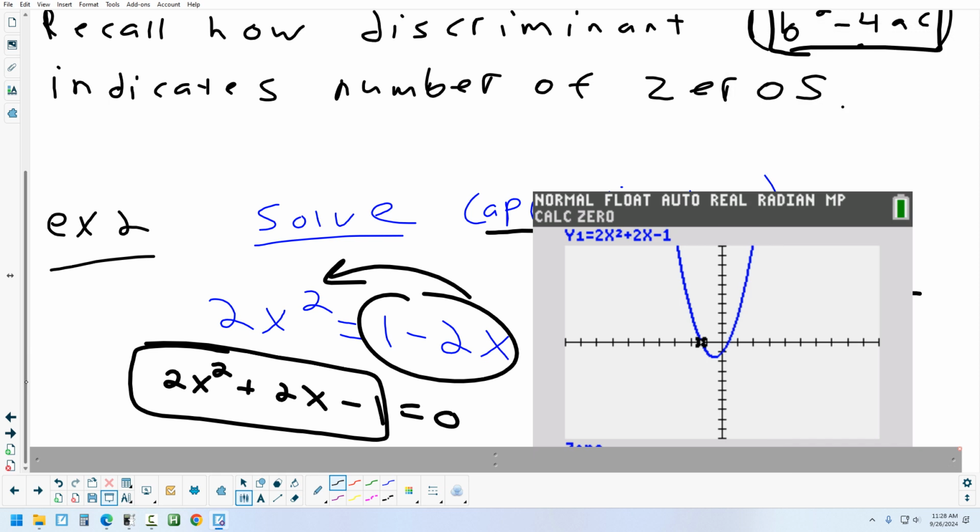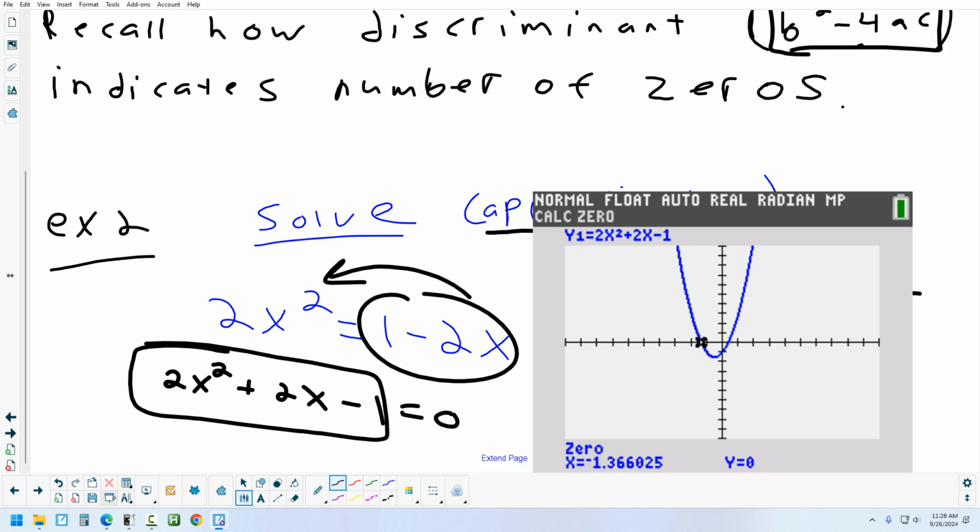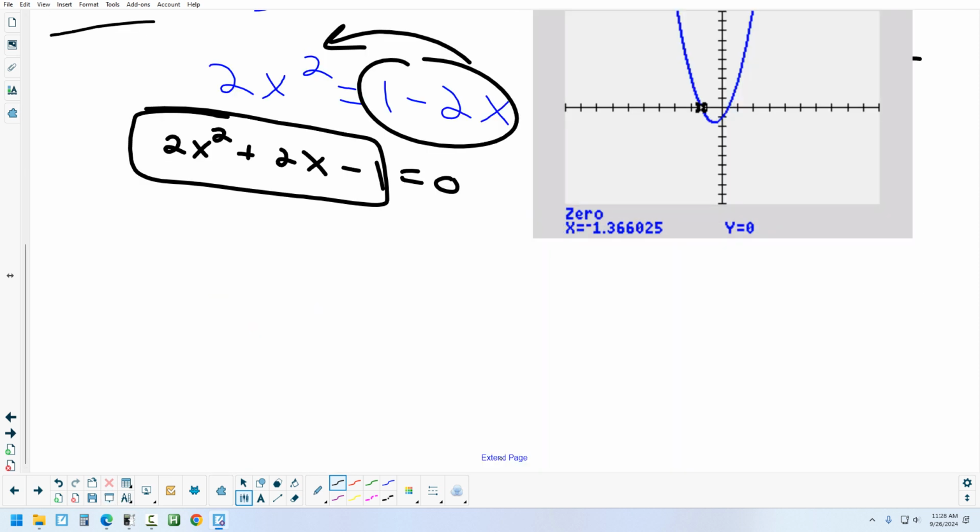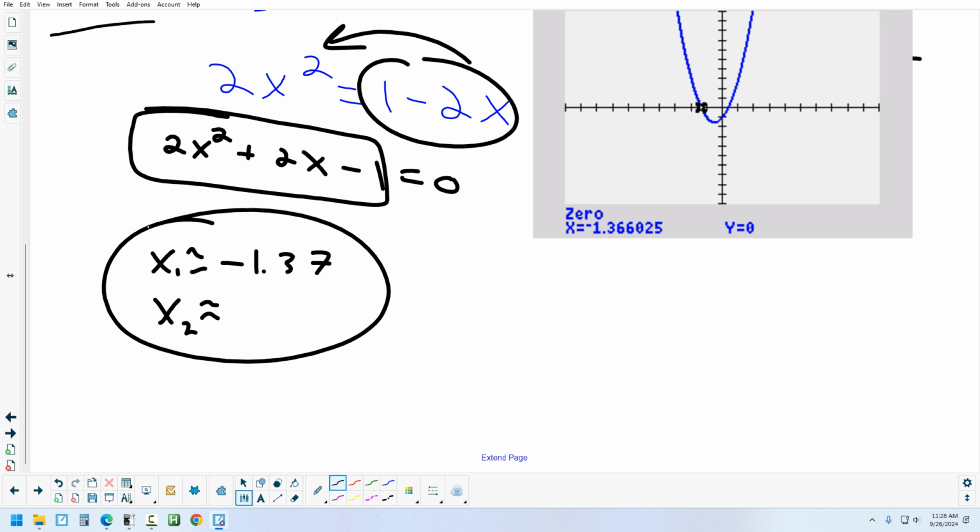And that's your first 0. Negative 1.37. Okay. How many people got negative 1.37 when they tried it? Okay. So remember, this symbol means it's about. It doesn't mean that this is the exact answer.